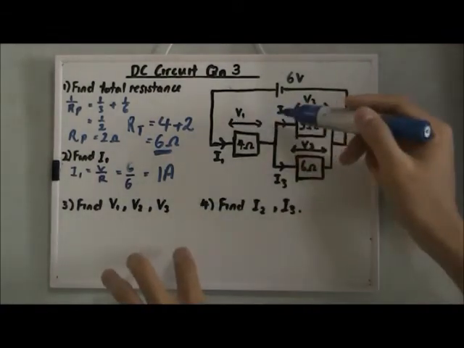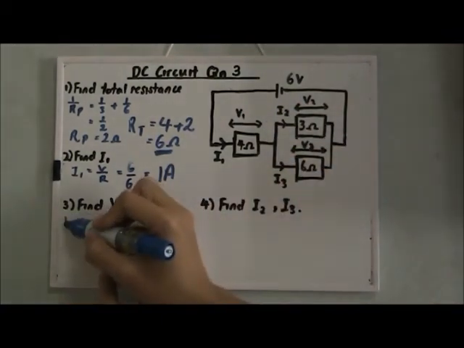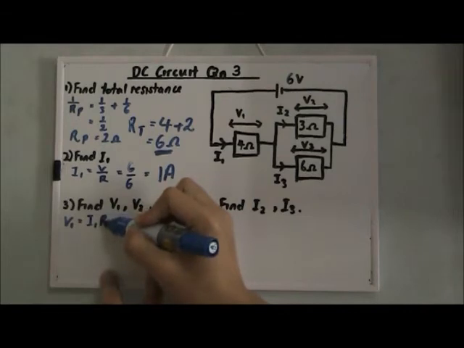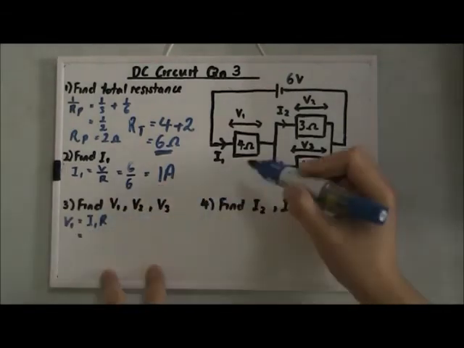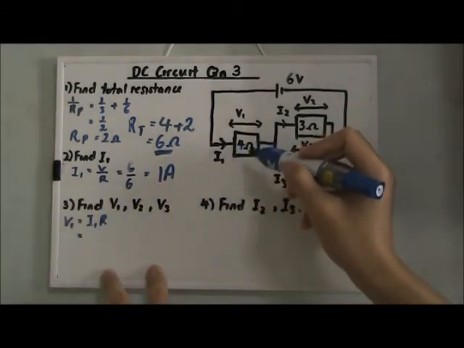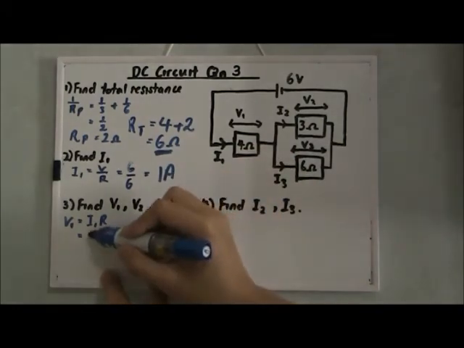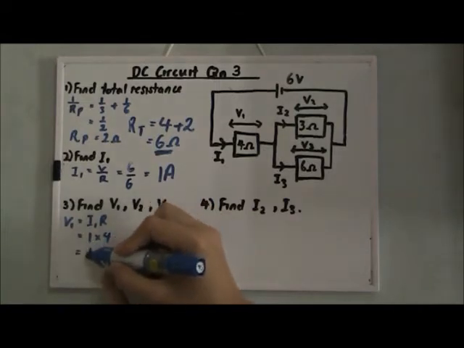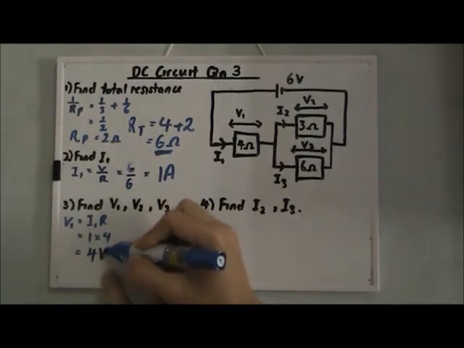To find V1, we can just use the formula V1 is equal to I1 times R. The current that is passing through the 4 ohm resistor is 1 ampere, and the resistance of the 4 ohm resistor is 4, so the voltage is 4 volt.